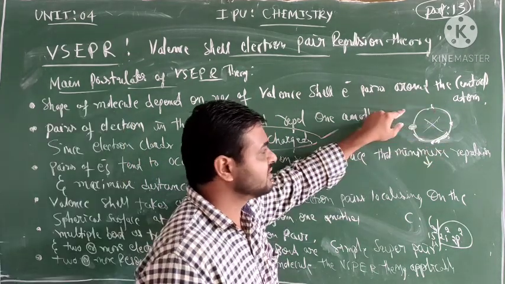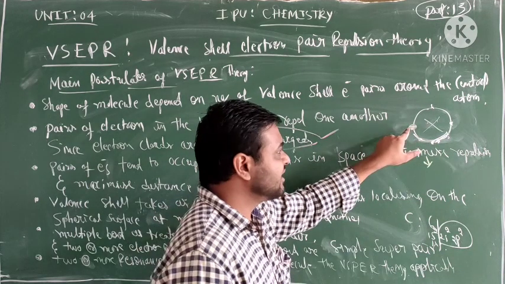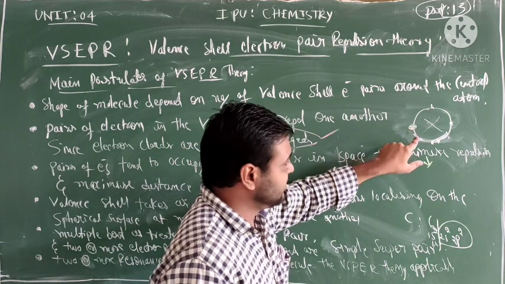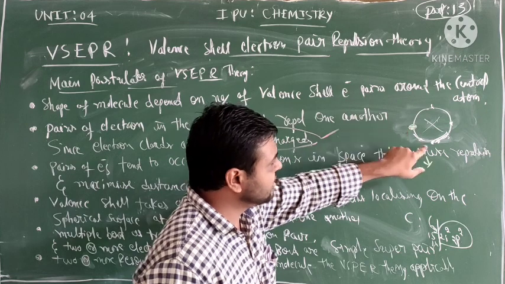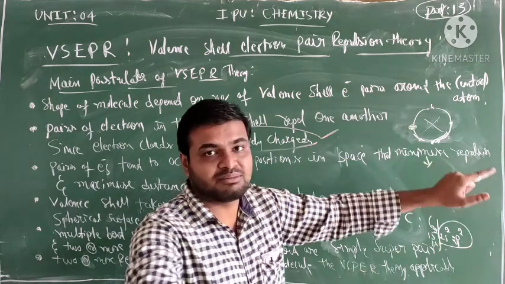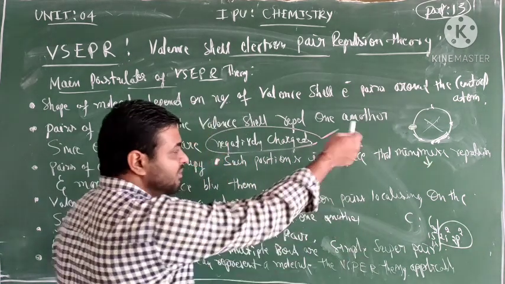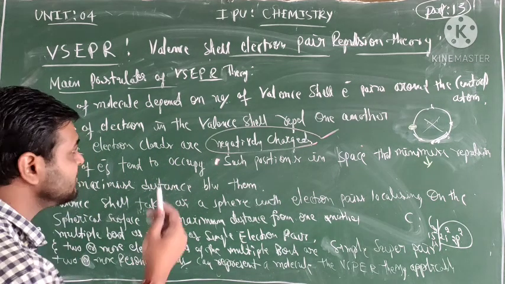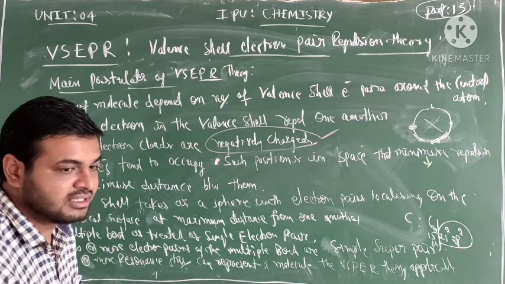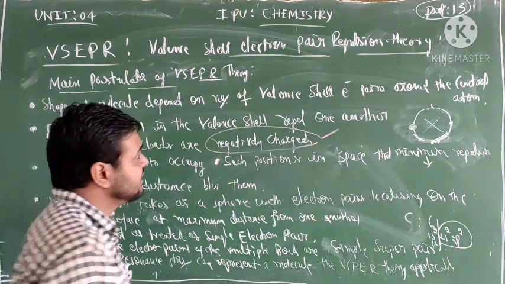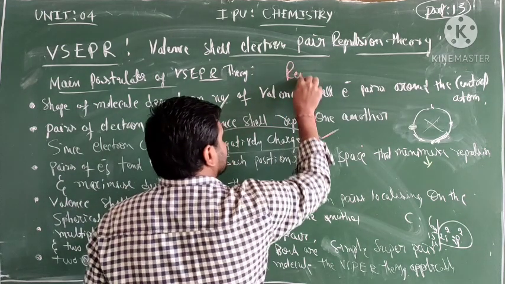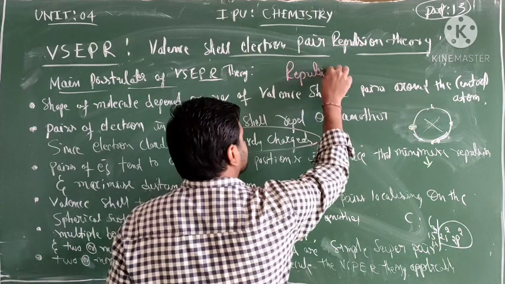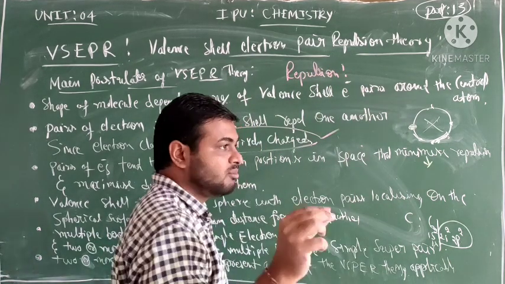In the sphere they could be anywhere, right? But the electrons of the valence shell go to the more distant places, so they keep a large distance from one another. This is how the repulsion happens.